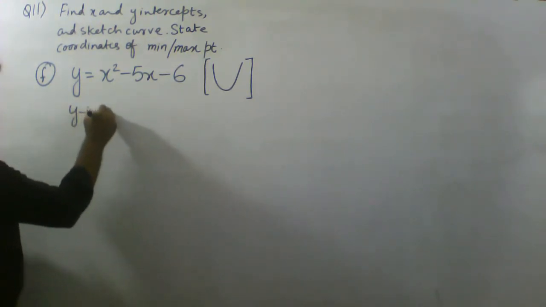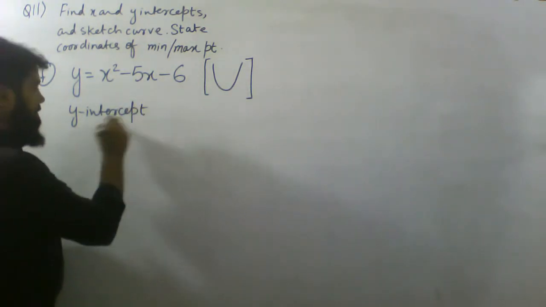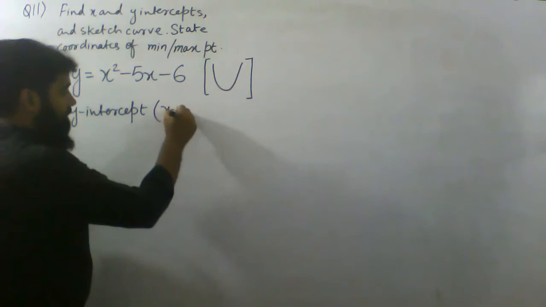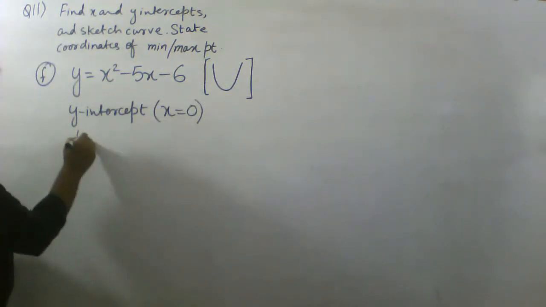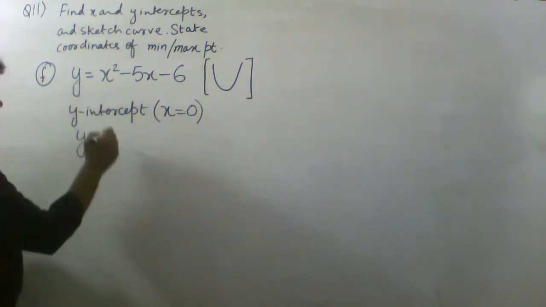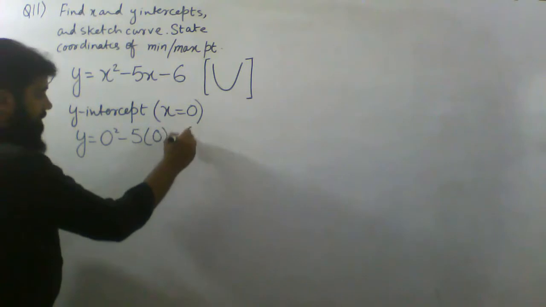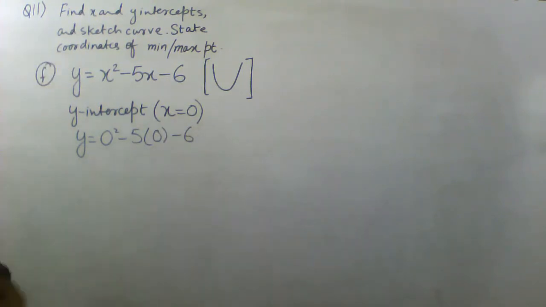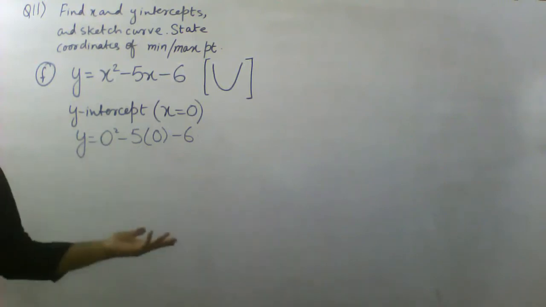Then y-intercept. Y-intercept means the value of x will be plotted as 0. So when I plot it over here as 0, y equals 0 square minus 5 into 0 minus 6. I can do it in this way, or I can factorize it first and then do the working.